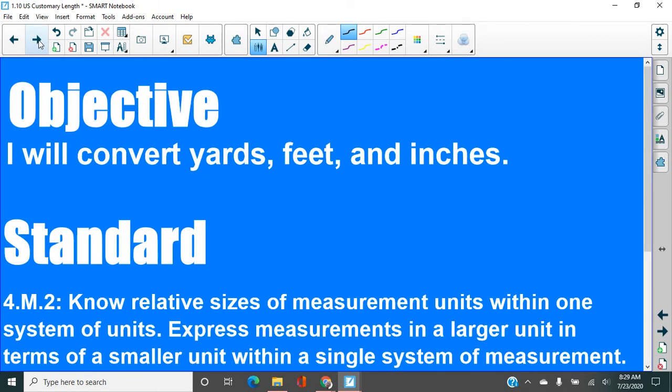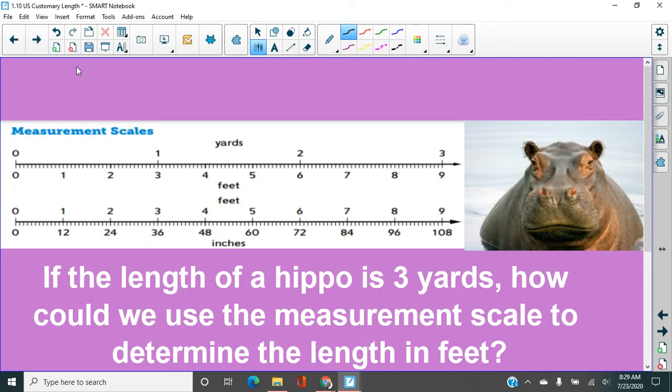Our objective today is to convert yards, feet, and inches. And we're going to work with this measurement standard about changing larger units into smaller units within a system of measurement. All right, we've got this hippo guy. If the length of a hippo is 3 yards, how could we use the measurement scale to determine the length in feet? So I'm going to look here.